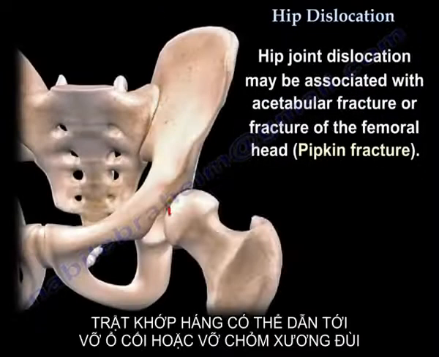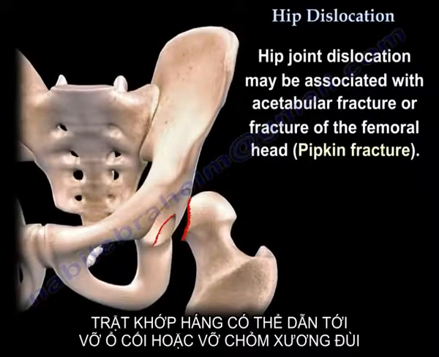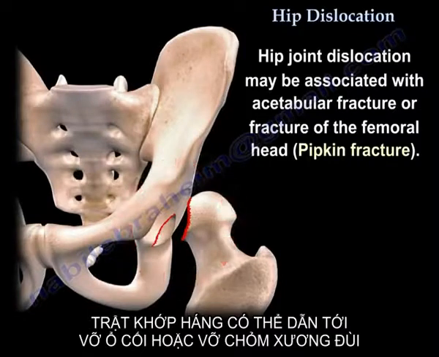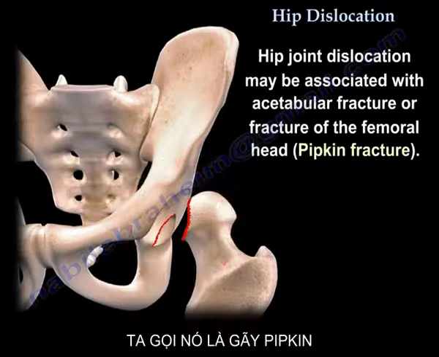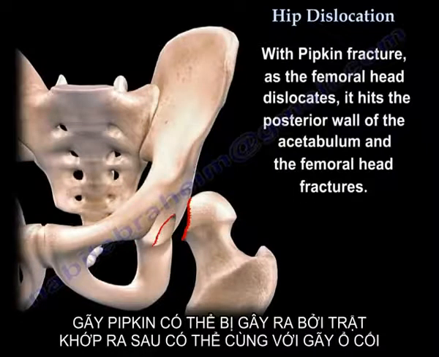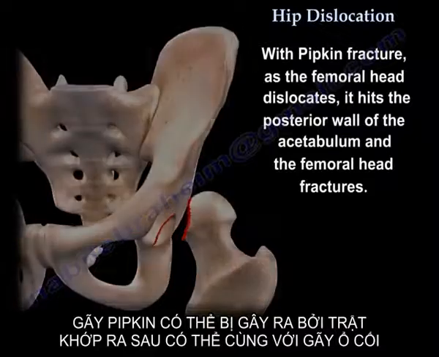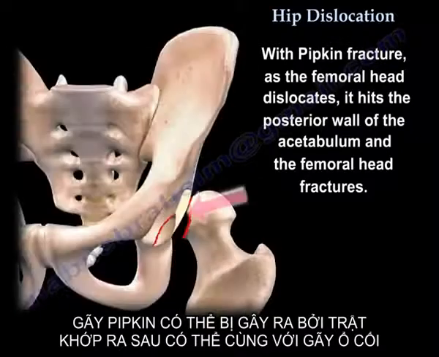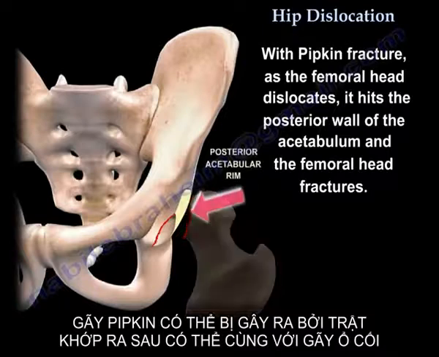Hip joint dislocation may be associated with a femoral head fracture, which is called Pipkin fracture. In Pipkin fracture, as the femoral head dislocates, it hits the posterior wall of the acetabulum and the head fractures.